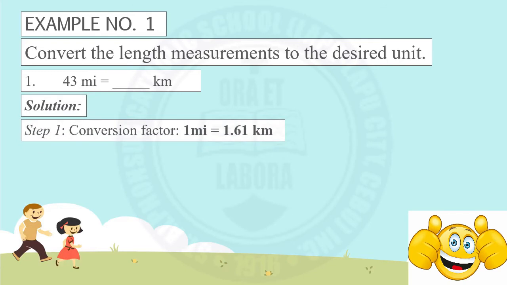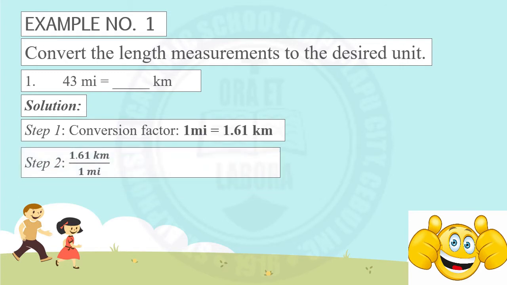Solution. Conversion factor. Remember, 1 mile is equal to 1.61 kilometers. So we can get the result in kilometers. 1.61 kilometers will be our numerator. 1 mile will be our denominator, so that we can cancel out miles and the remaining will be kilometers.